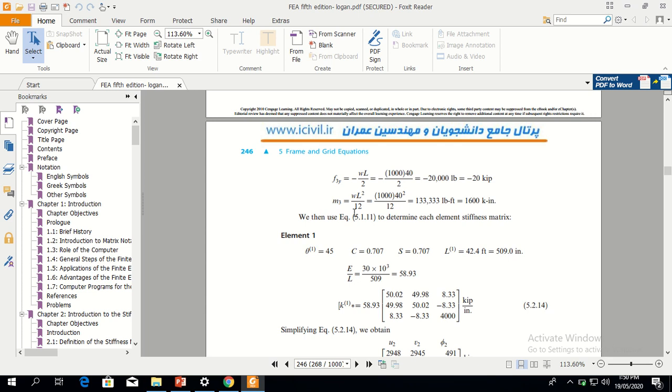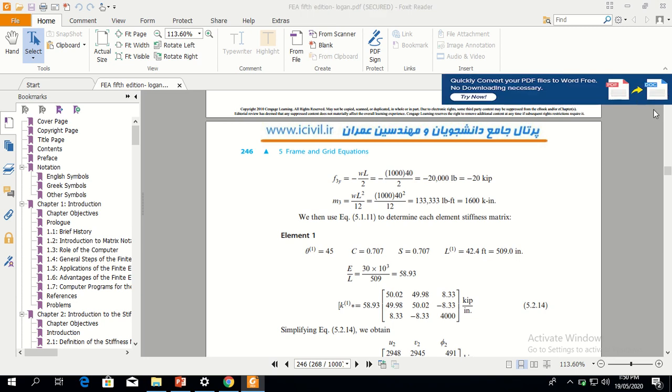Now we will use again the equation 5.1.11 that we have used already, and find the local stiffness matrices for each element. Then we will add them to form global stiffness matrix. For element 1, angle is 45.